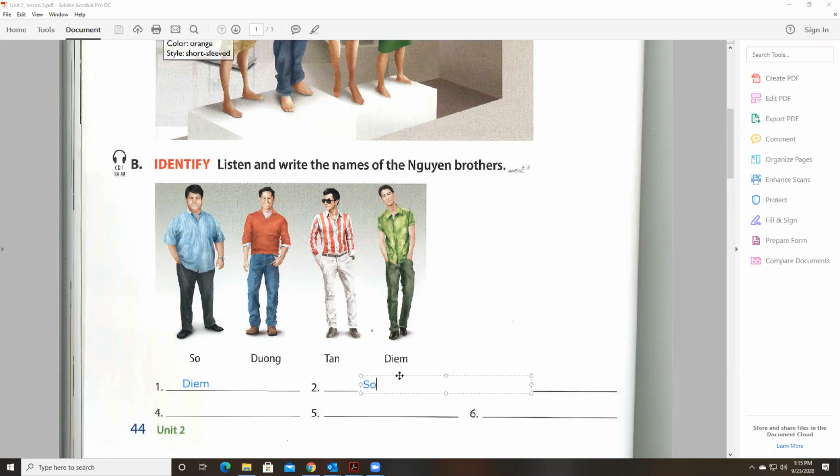And he's got that blue striped short sleeve shirt. Let's go to number 3. The most stylish of the brothers always wears long sleeve shirts. He looks good in anything he wears. Okay, well, the only one wearing a long sleeve shirt is Tan.